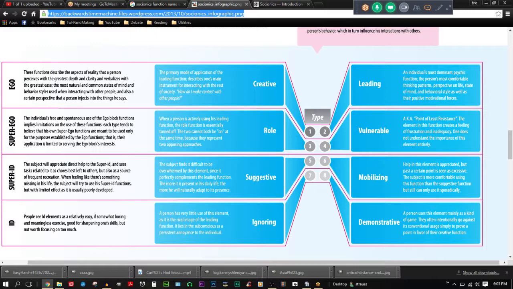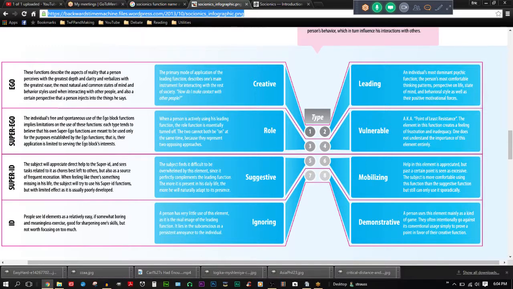Okay, so that would be ENTP, Ne, Ti, Se, Fe. So it goes 1, 1, 2, 8. Then what? Se and what? Let's see, 8 and 7.